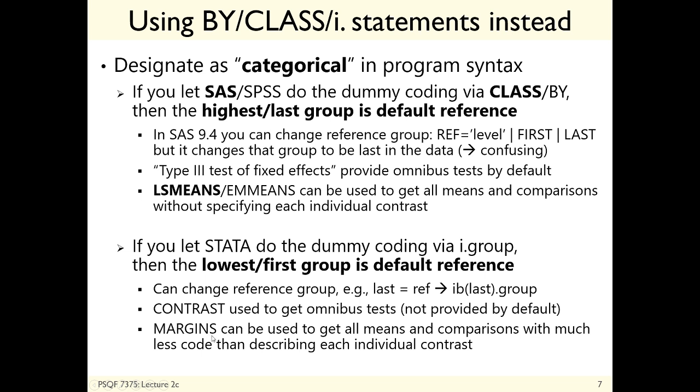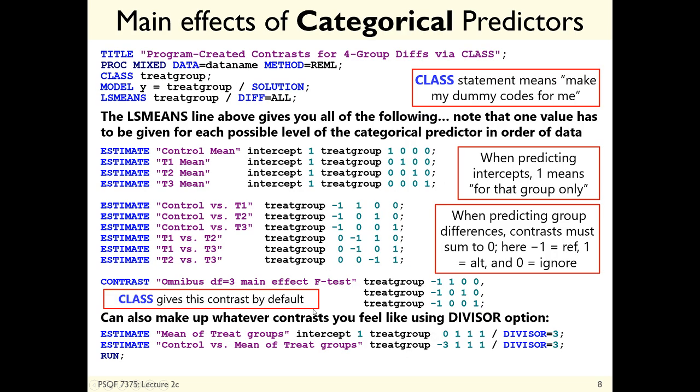And the same, it's called margins in Stata, it's the same idea. So this is what the same two models would look like. First, just the main effect, and then second, adding the interaction with age, if we let the program do the coding for us. So this is a main effect of group only model.